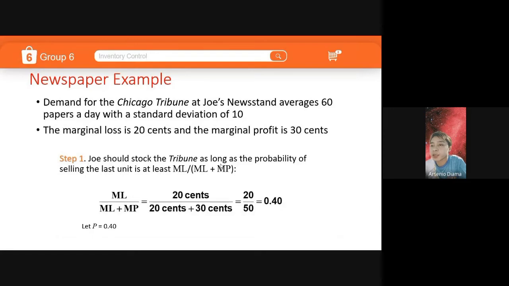Demand for the Chicago Tribune at Joe's newsstand averages 60 papers a day with a standard deviation of 10. The marginal loss is 20 cents and the marginal profit is 30 cents. Since we are given the four values, let's proceed to step 1.